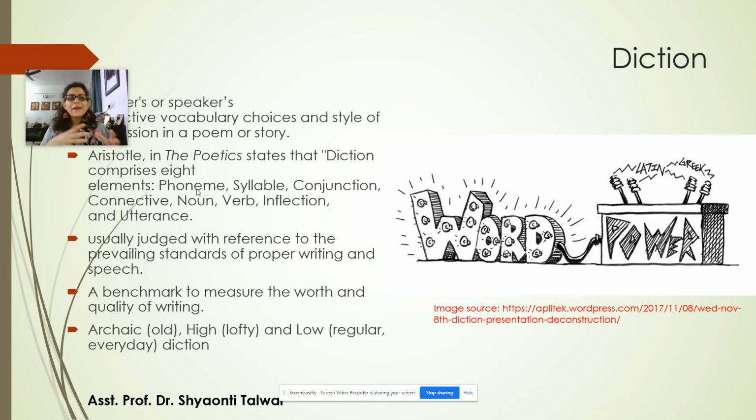On the other hand, if you're watching a film which is set in a city like Mumbai, the characters will use a kind of Hindi diction which is very different from a film which is set in Lucknow, or for instance, a film that is set down south. The diction will vary. So this was just to make it simpler for you.